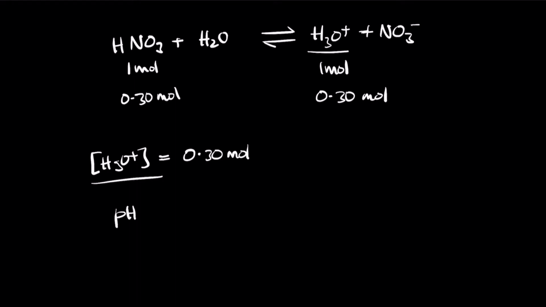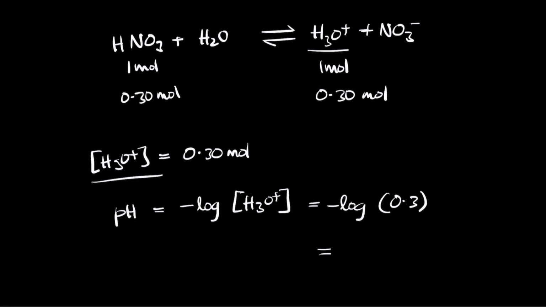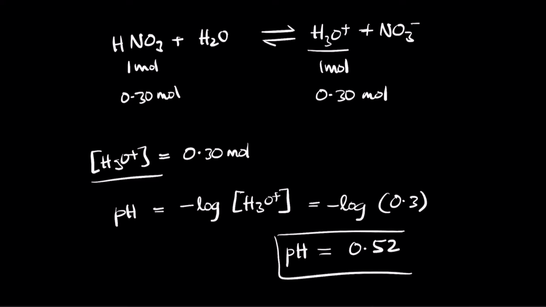Next we have to find pH. pH is the negative log of H3O plus, which is the negative log of 0.3. Use a calculator and this value becomes pH equals 0.52. Now we have found pH.